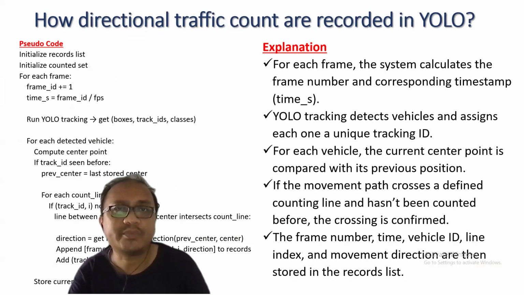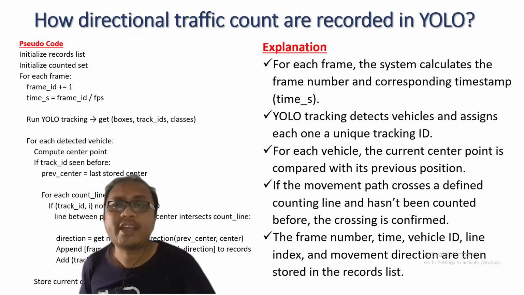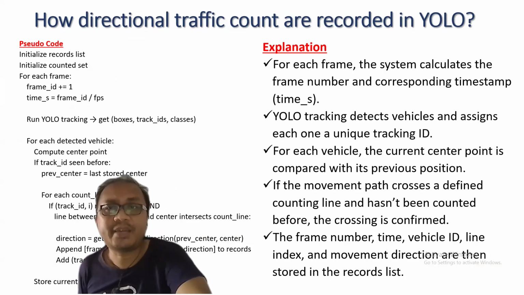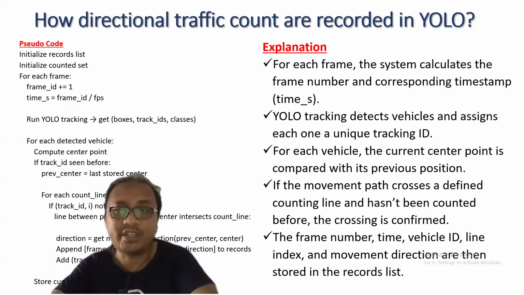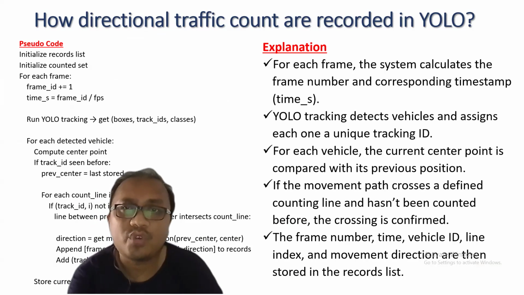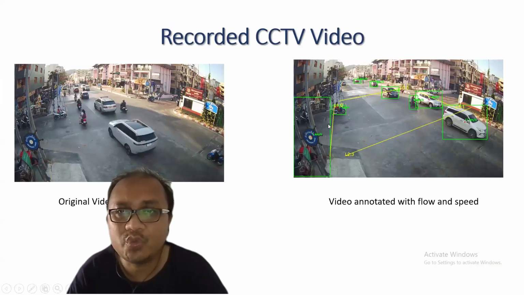Next, the question comes, how are directional traffic counts recorded? For each frame, calculate the frame number and timestamp. And YOLO tracking detects the vehicle and ID, similar to the previous one where speed was calculated. Then the center point is compared with the previous position, and the movement path crossing the counting line I have drawn. You can see that there are multiple counting lines. One, two, three, four. There are four counting lines.